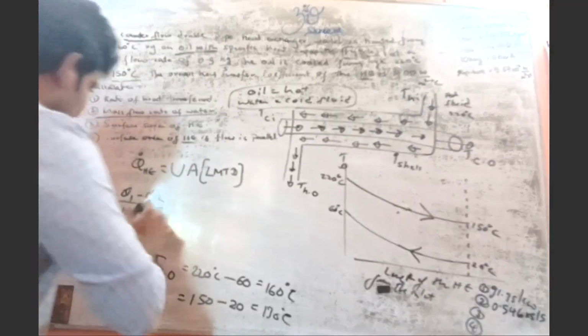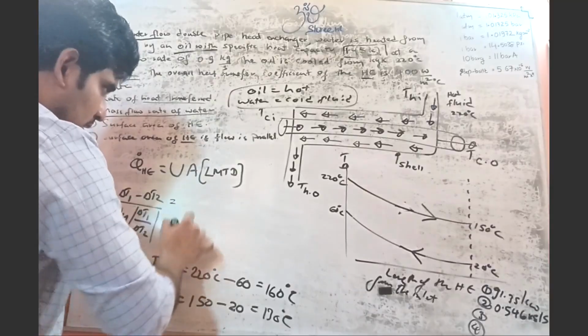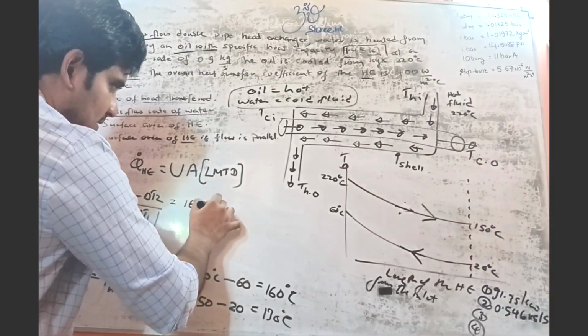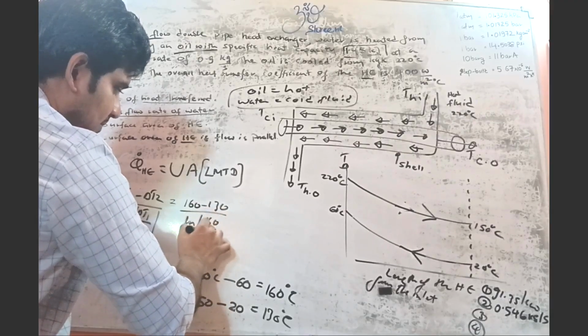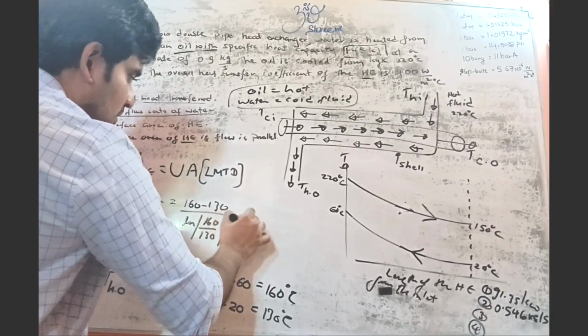So now how to find LMTD? 160 minus 130 divided by ln 160 divided by 130. What is the answer?